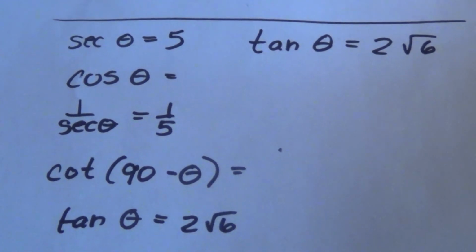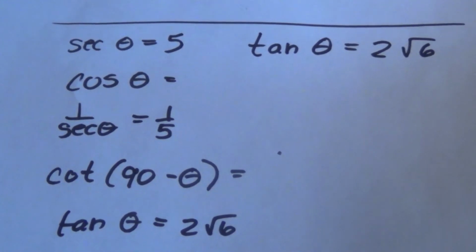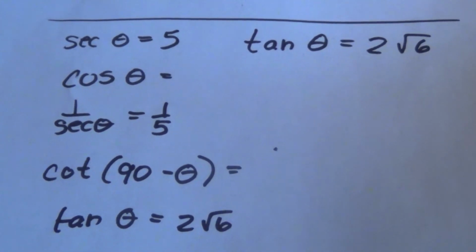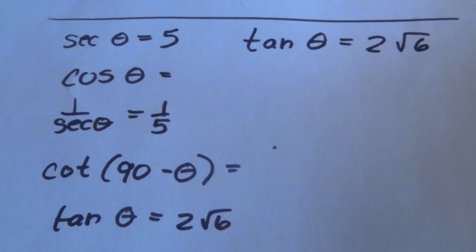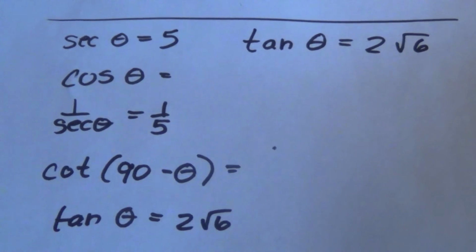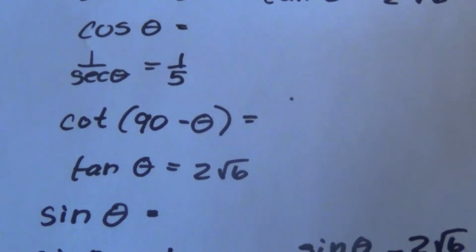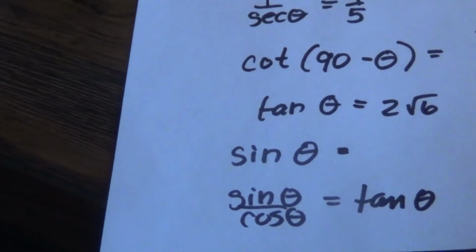I don't see cosecant given. I don't see anything given that would easily or quickly get me to the correct answer. So I'm going to choose the trig ID. Sine of theta over cosine of theta equals tangent.